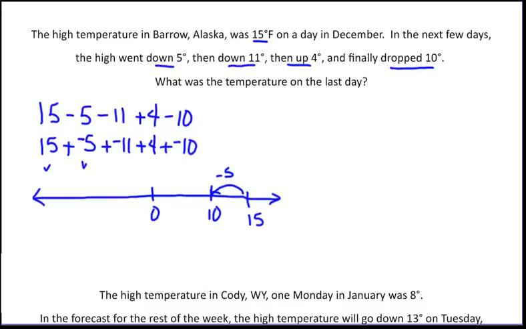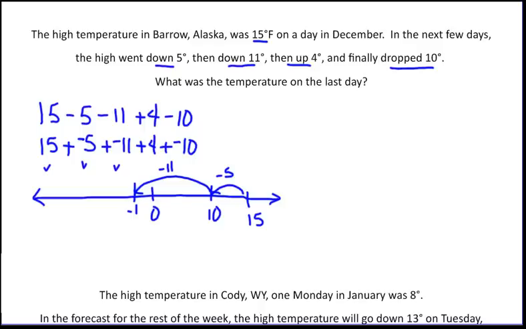Next, I either want to subtract 11 or add a negative 11. Starting right here at 10, I go back to the left 11 spaces, which puts me at negative 1.